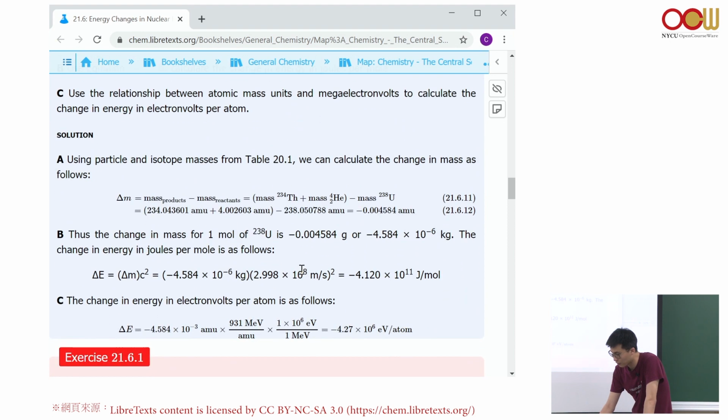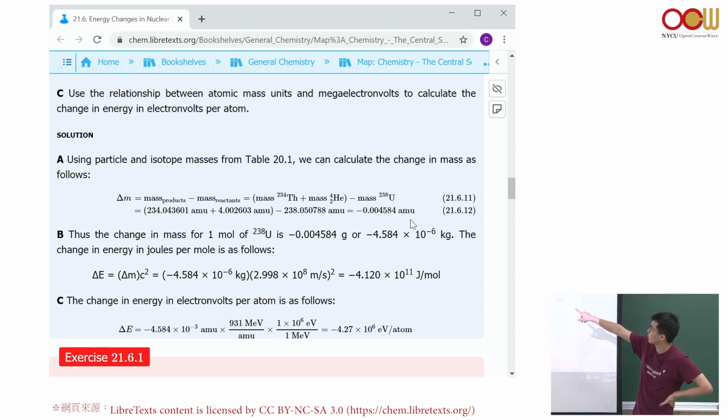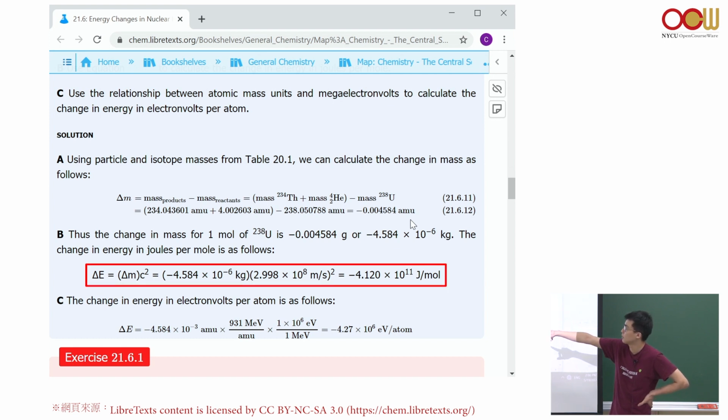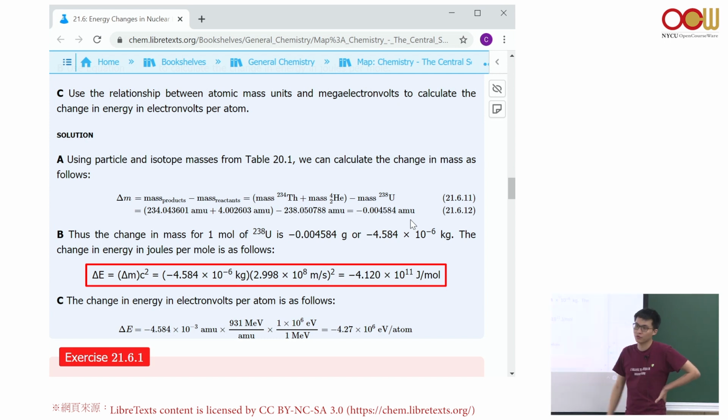We first calculate the change of its atomic mass. Okay, so for 1 mole of this substance, it will give you the mass change, right? And we basically multiply by the speed of light squared, and that will give you the amount of energy.